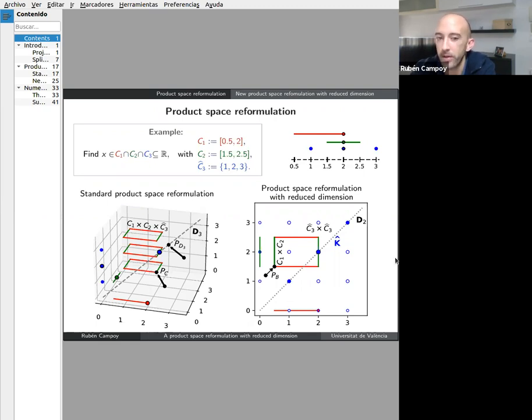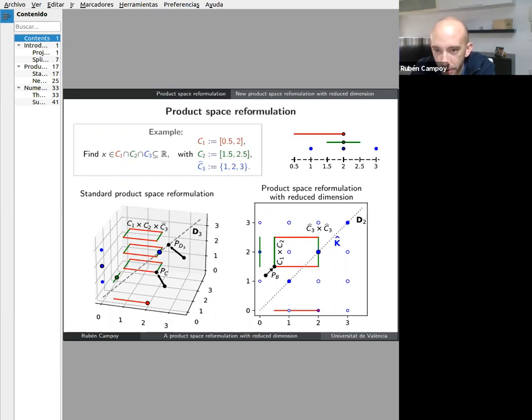And everything works exactly the same. The intersection of the two new sets is equivalent to the intersection in the original space. We can compute projectors component-wise. The diagonal is still convex, so it's the same set. In the new reformulation, everything works the same, but we need to take care with one observation here.